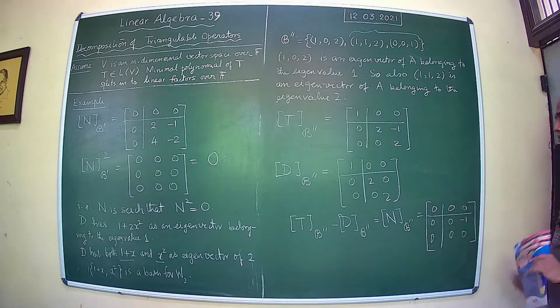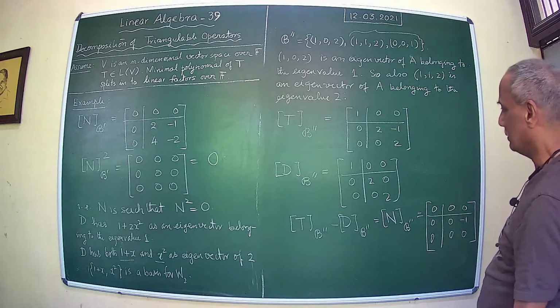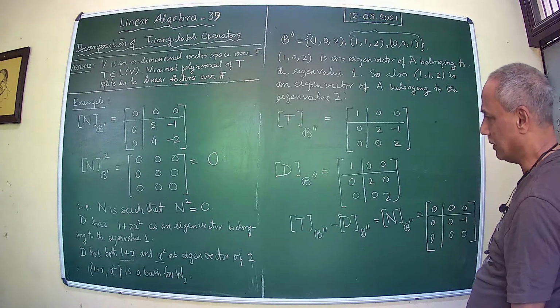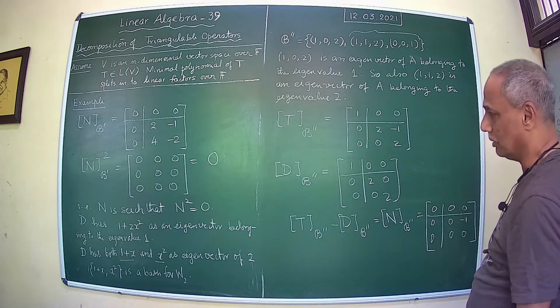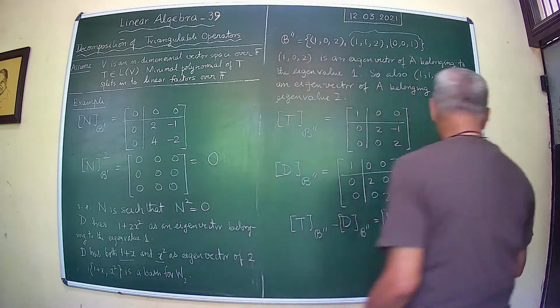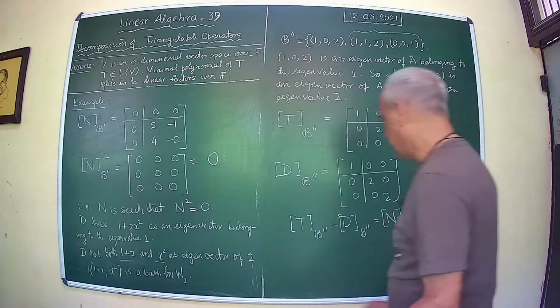It's a very simple form. That's the advantage if you choose for W prime the eigenvector corresponding to the eigenvalue 2. But you see that this is not a zero matrix. So N prime is not zero.